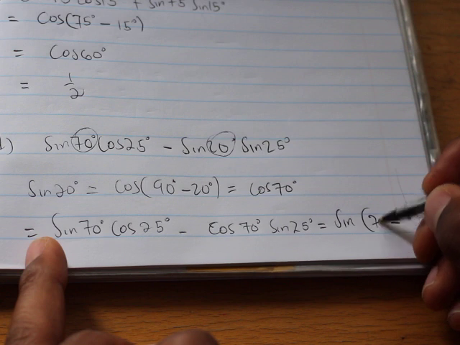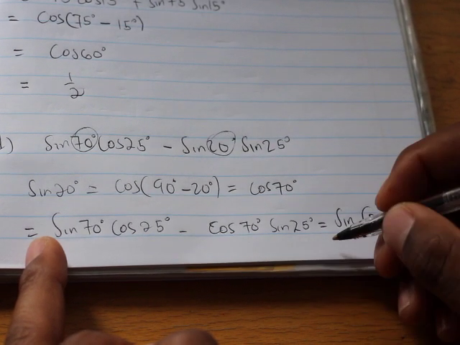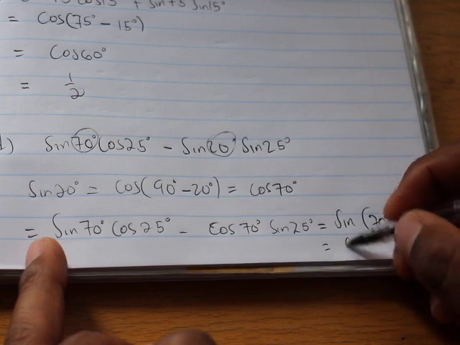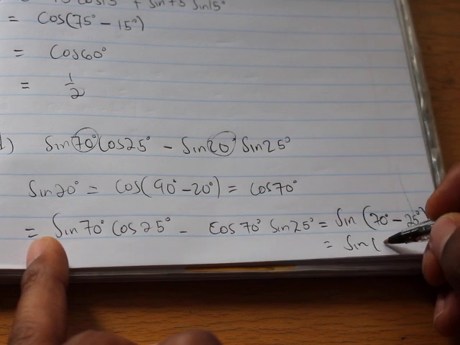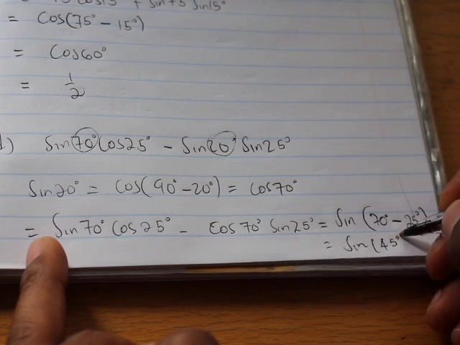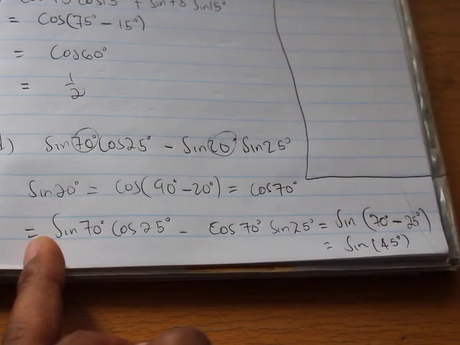We've got 70 and 25 degrees. Now this gives us the sine of what? Let's see, it's 70 minus 25, that's 45 degrees. Now what is the sine of 45 degrees?